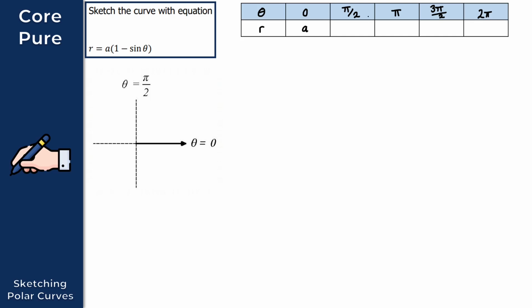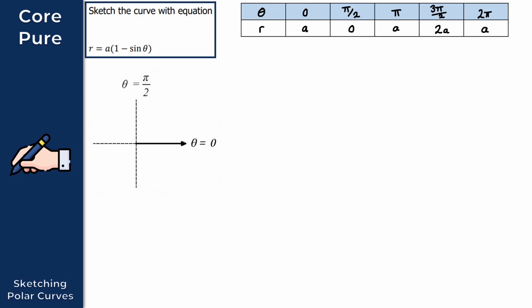When theta equals pi over 2, r equals a times 1 minus sine of pi over 2, which gives 0. For theta equals pi, we get a. For theta equals 3 pi over 2, we get 2a. And for theta equals 2 pi, we get a. That gives us our table of values.